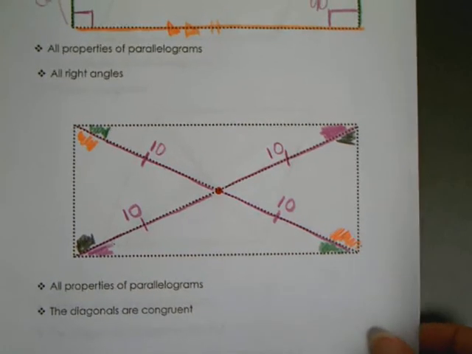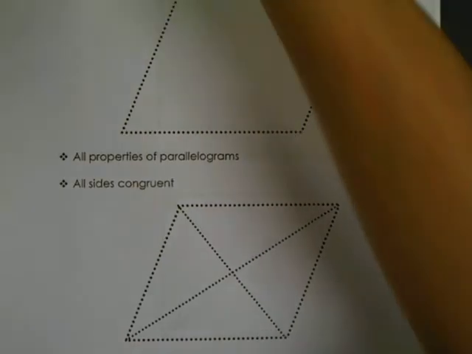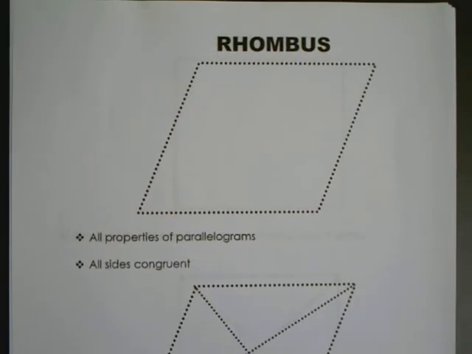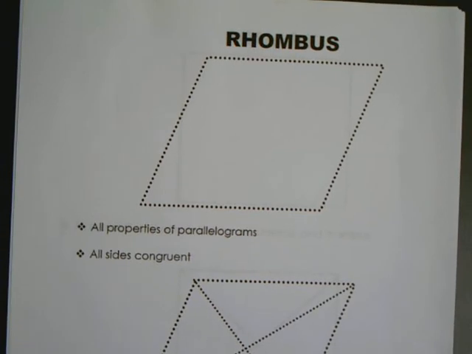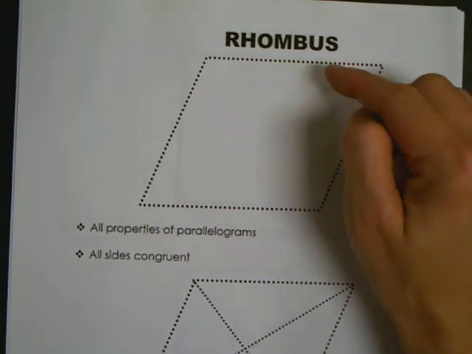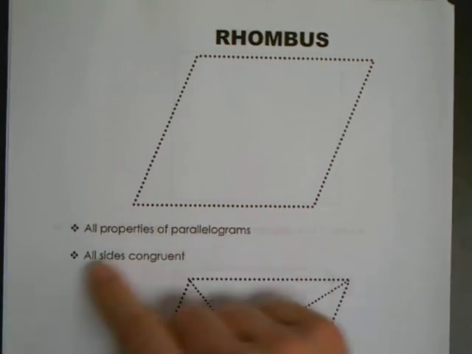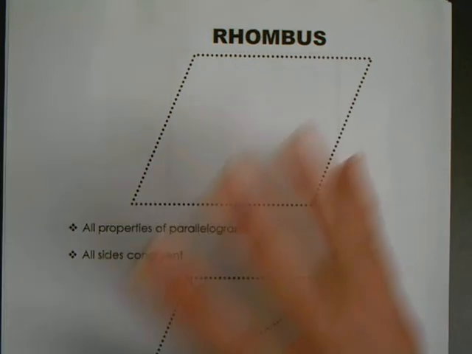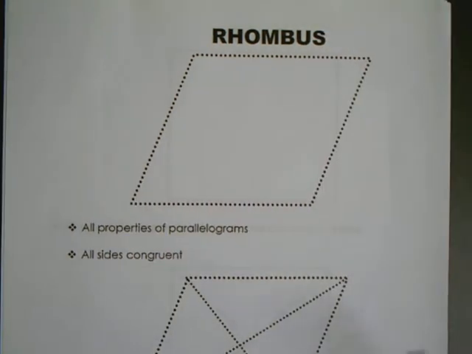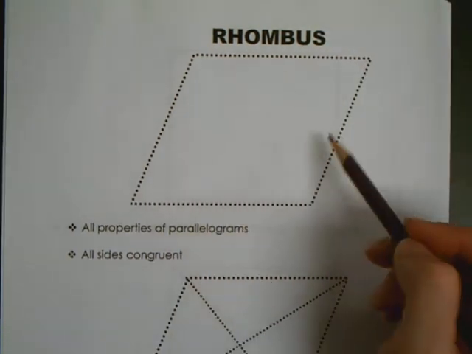All right, now on to a rhombus. All right, now a rhombus is kind of like a parallelogram square type of thing. The thing about a rhombus, it's got all your properties of a parallelogram, but in this situation, all sides are congruent. So when we color code this one, we're going to use one color for all the sides. All right.